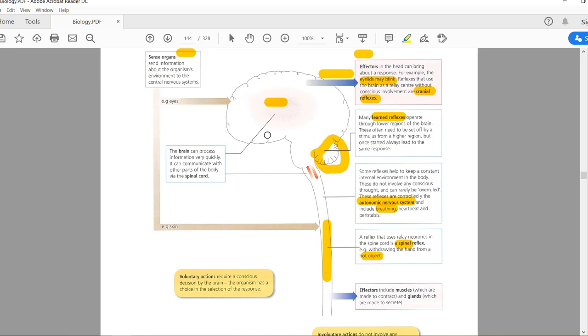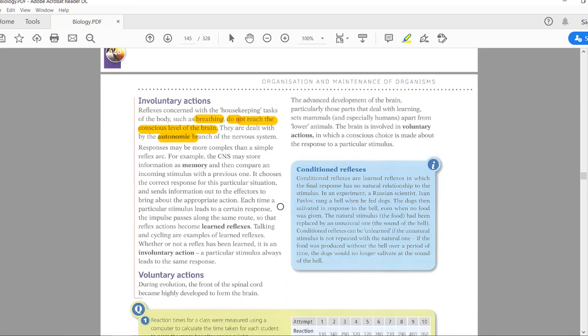But in humans, the front spinal cord part highly developed and formed the brain. And after forming the brain, the advanced development of the brain, particularly those parts that deal with learning, sets mammals apart from lower animals.